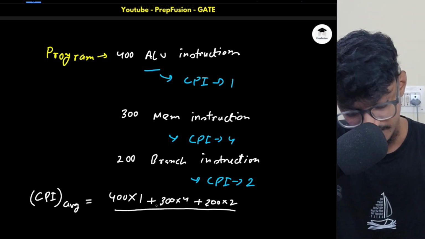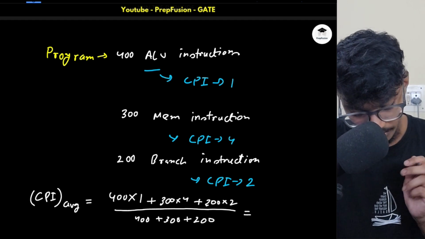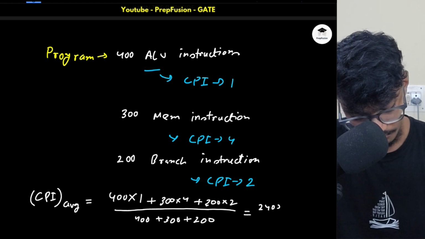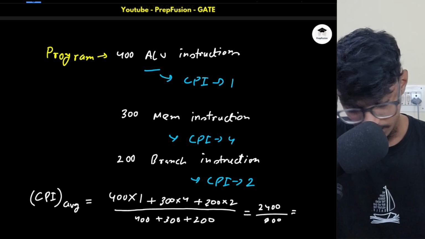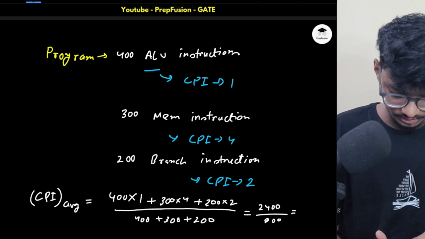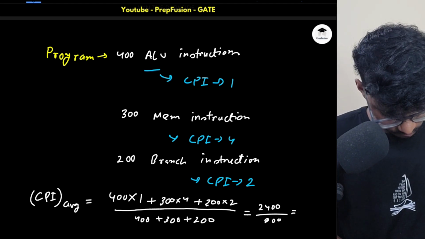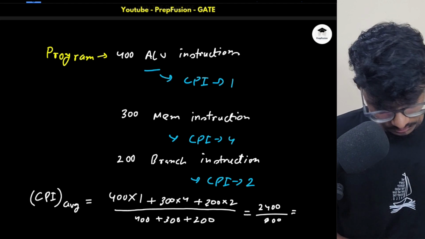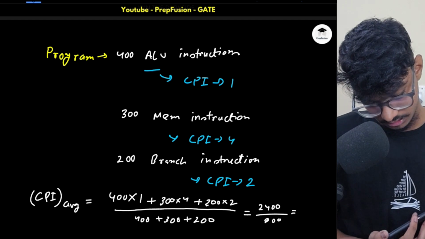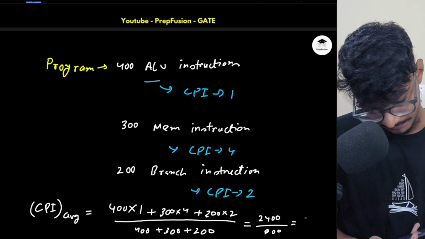How many total instructions do I have? 400 plus 300 plus 200, that is 900. The total cycles are 400 plus 1200 plus 400, that is 2000... so 2400 divided by 900. Let me just calculate it quickly: 2400 divided by 900 is 2.66, so it will be 2.67.